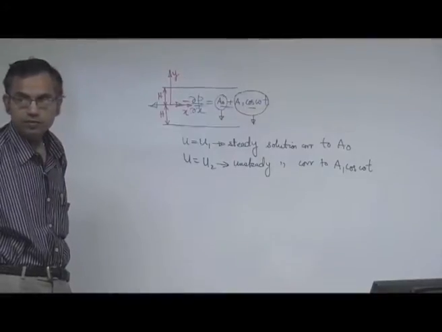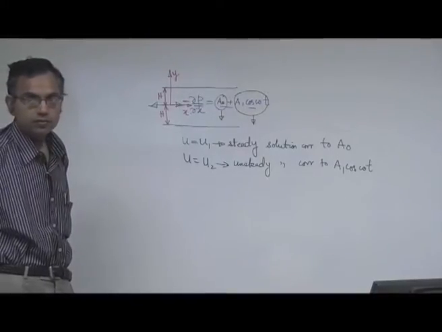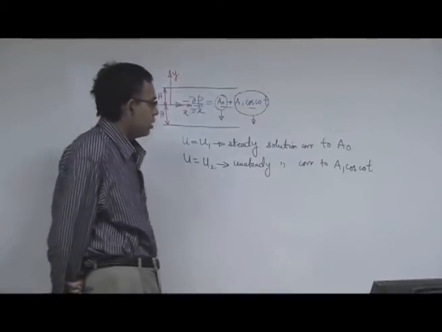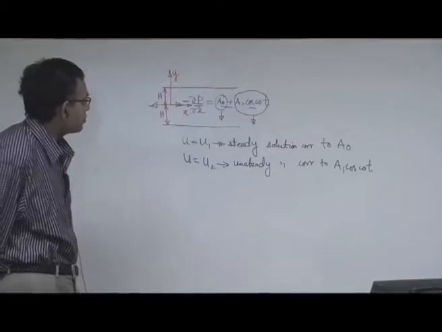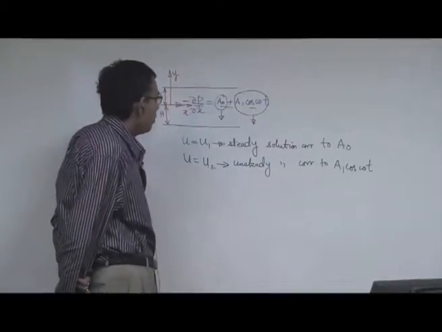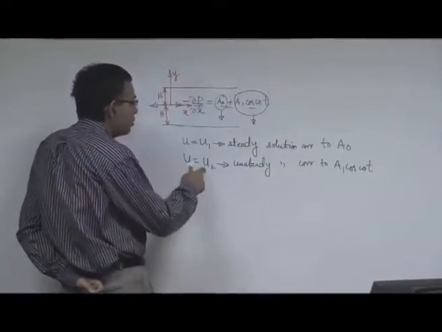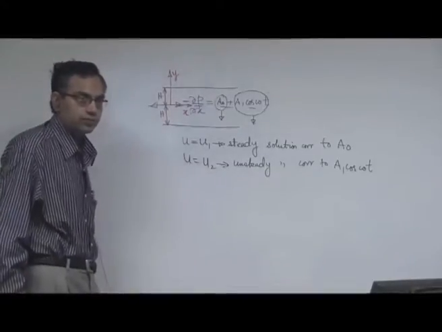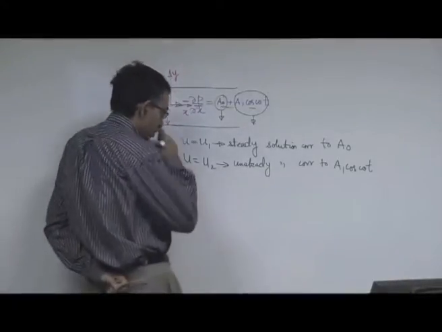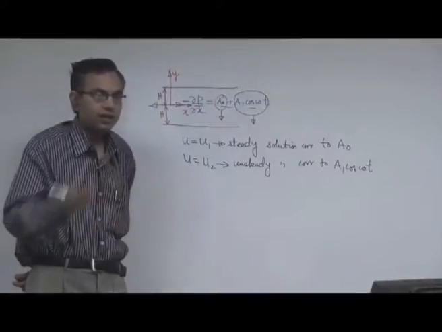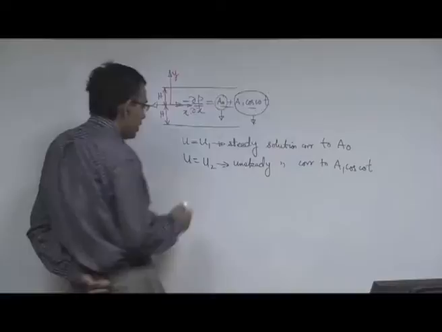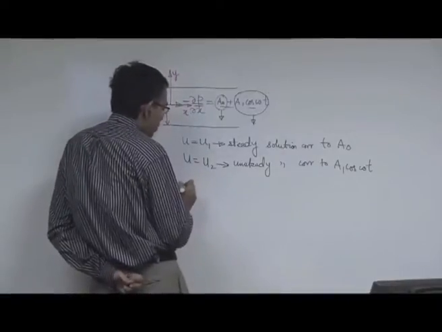Okay. So, now what we will do is write the governing equation for u2, or first let us write the governing equation for u1 at least. We have done the solution, but just to recapitulate. So, what is the governing equation for u1?